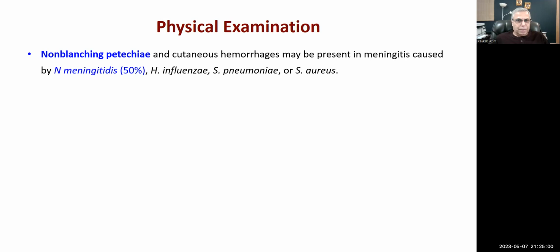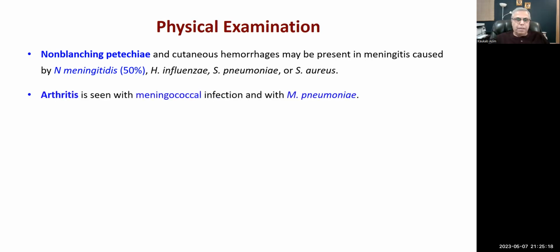Sometimes you press the skin and it turns white for a little while and then comes back, but these don't turn white. Then H. influenzae, S. pneumoniae, Staph aureus can also cause these non-blanching petechiae. We can get arthritis, inflammation of the joints, in meningococcal meningitis or pneumococcal meningitis.